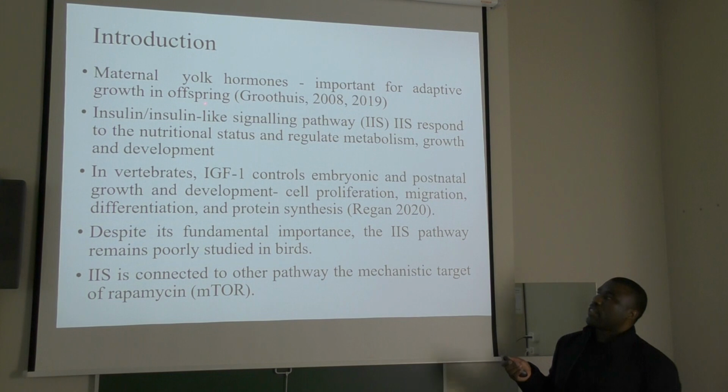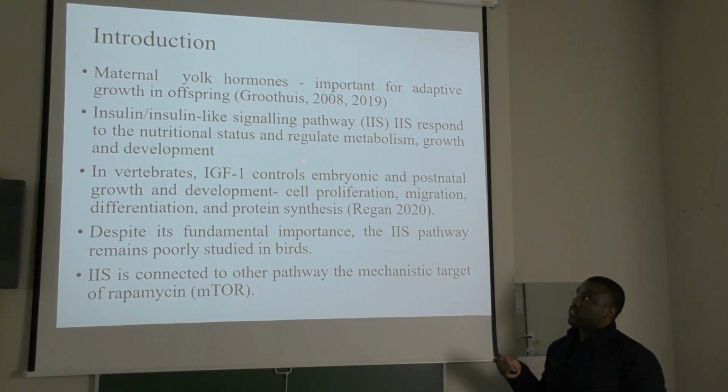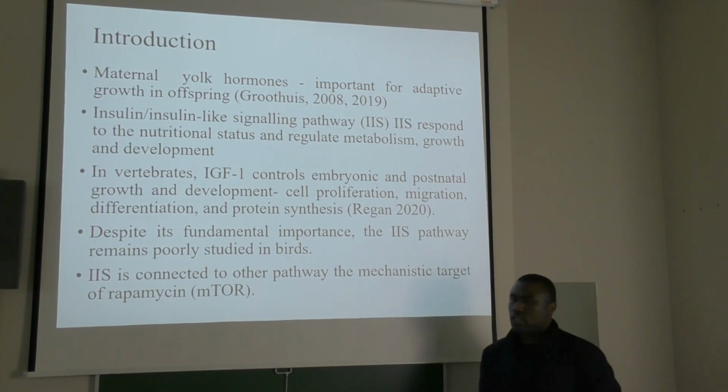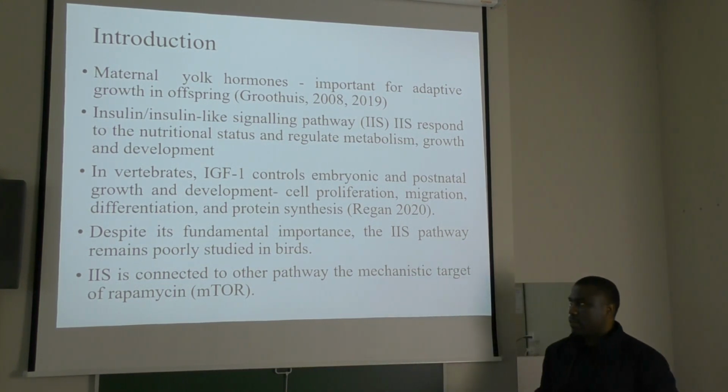In vertebrates, IGF-1 is connected to this insulin signaling system, which is important also in cell proliferation, migration, differentiation of cells, and protein synthesis, which is important in growth and development of the eggs.